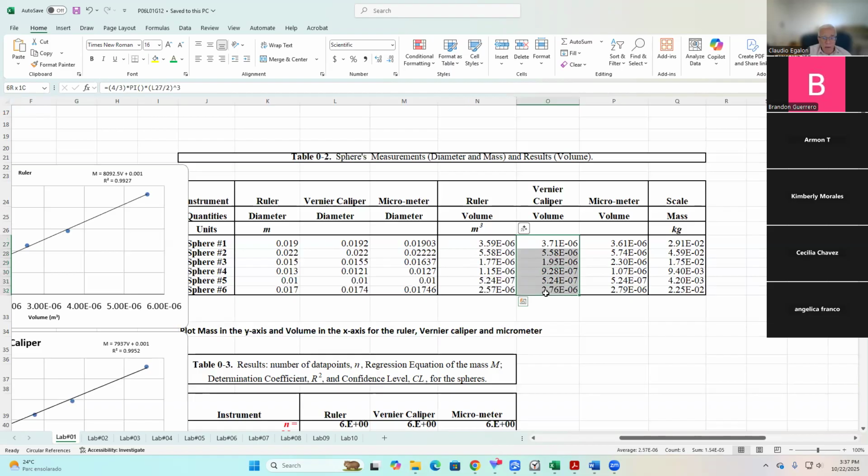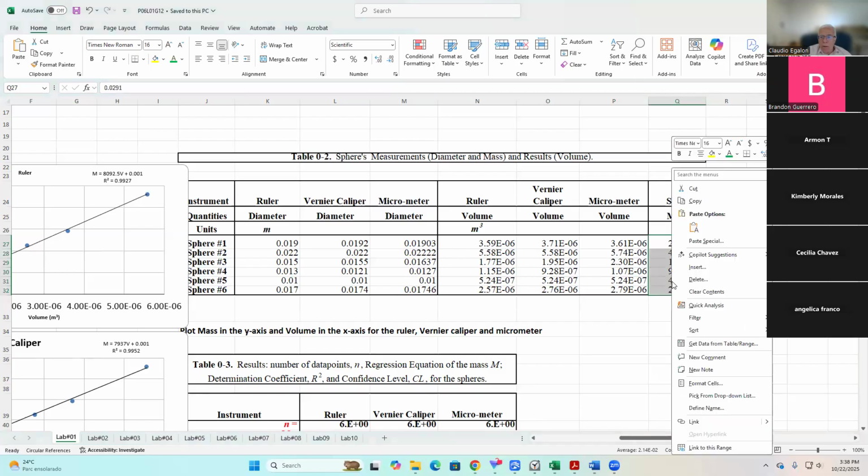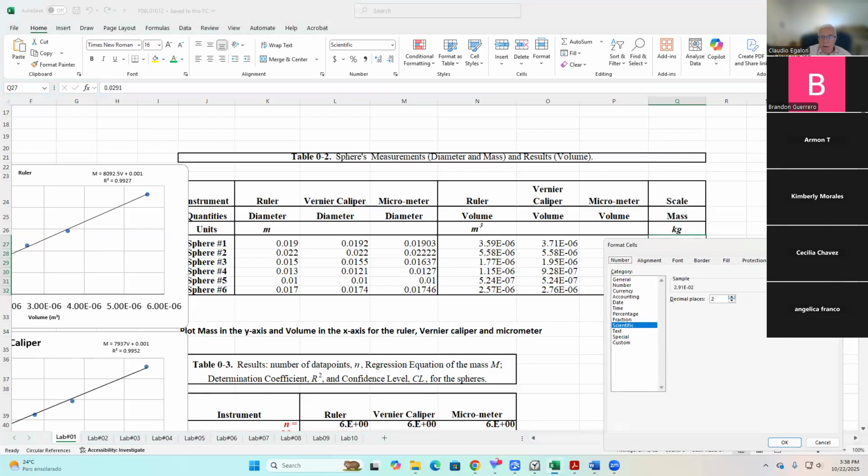This one is okay, is correct. This one, you gotta add one more decimal place there. 4 significant digits. Right now you have 3. And here, you're supposed to have put that in numeric format.